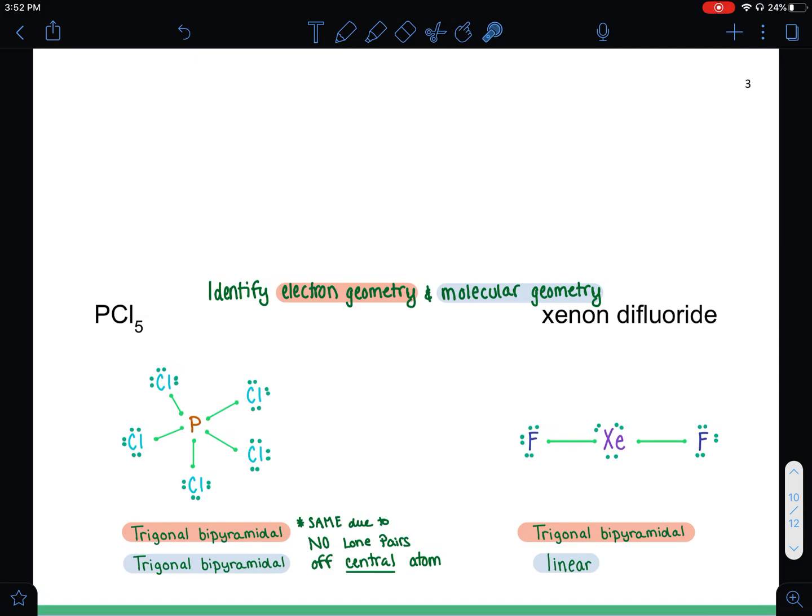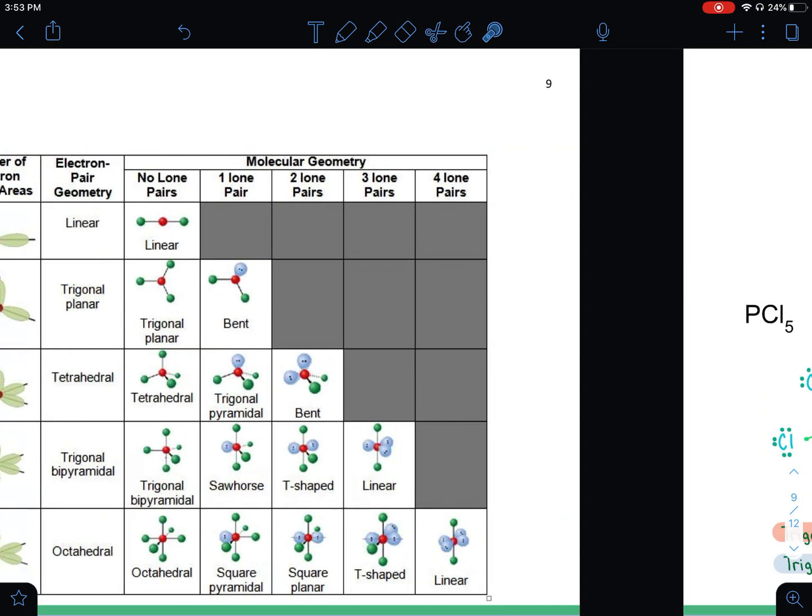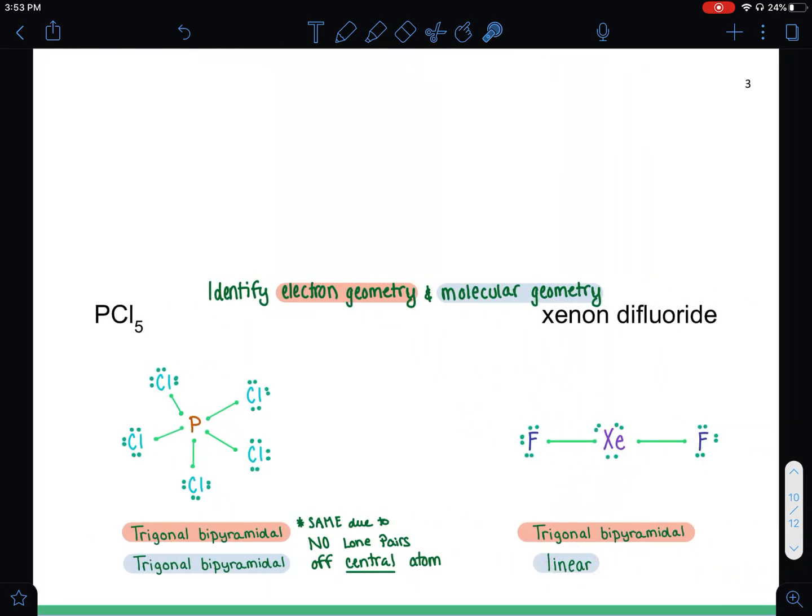But when we get to the molecular geometry, then this ends up being a lot different. So we have 2 bonds, and 1, 2, 3 lone pairs. This will be linear shaped, or have a geometry that is linear.